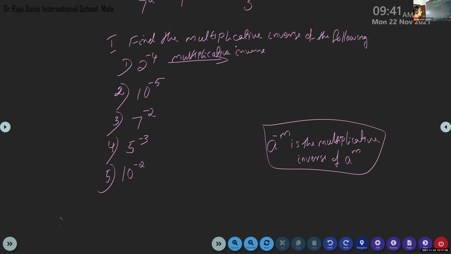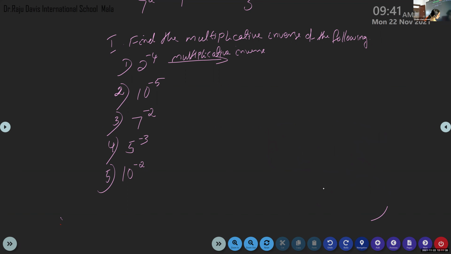For a raised to m, its multiplicative inverse is a raised to minus m. Conversely, also vice versa: the multiplicative inverse of a raised to minus m will be a raised to m. So the multiplicative inverse of 2 raised to minus 4 is 2 raised to 4.